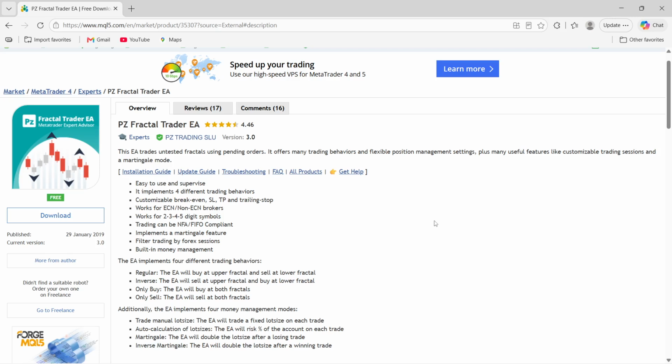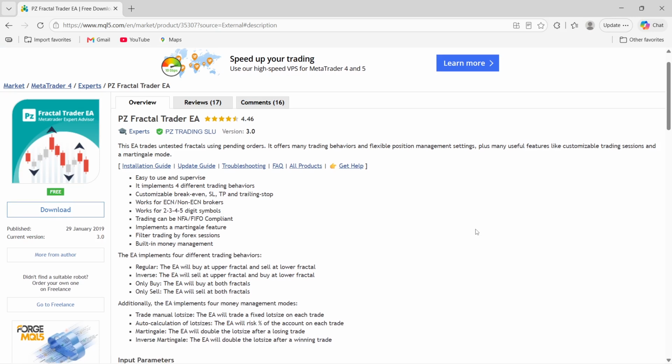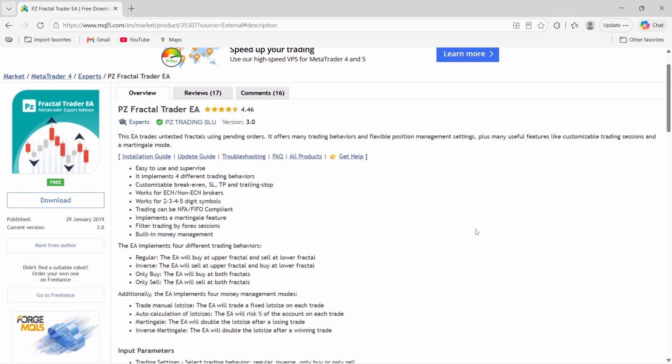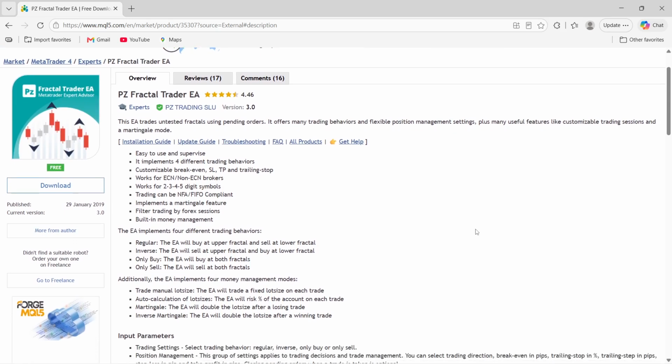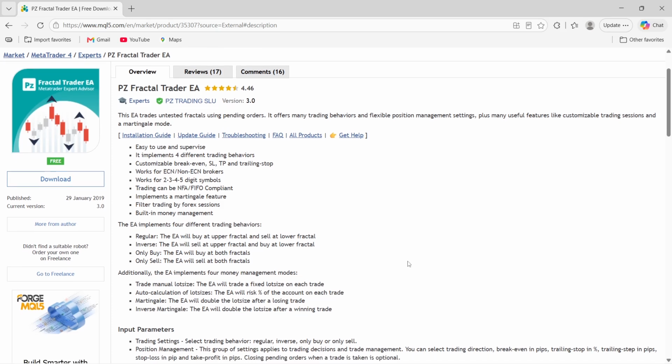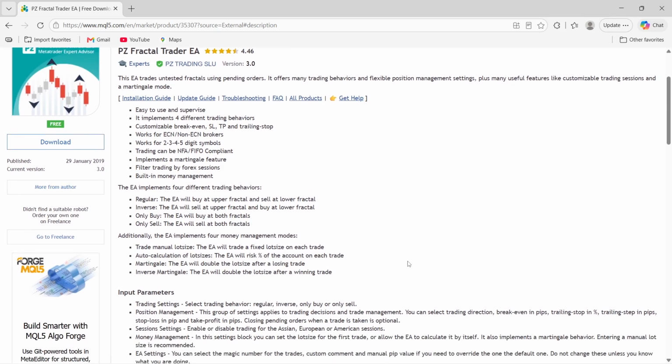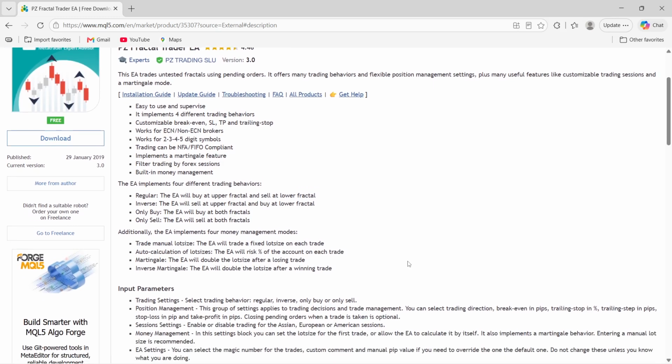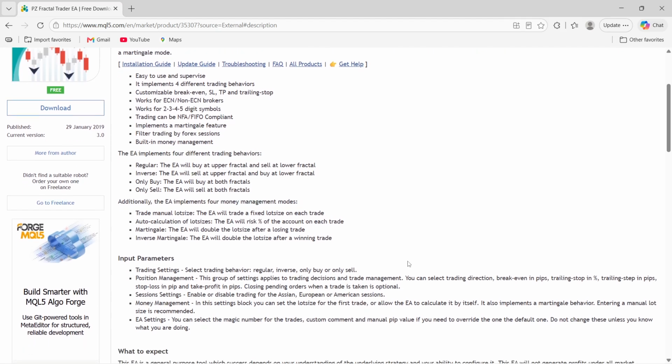Basically, a 5 bar pattern where you have a local high or low with 2 bars on each side, lower or higher. The EA identifies these untested fractals, meaning price hasn't come back to test them yet, and then places pending orders around them. It doesn't just jump in with market orders; it uses pendings for cleaner entries on breakouts or potential reversals.